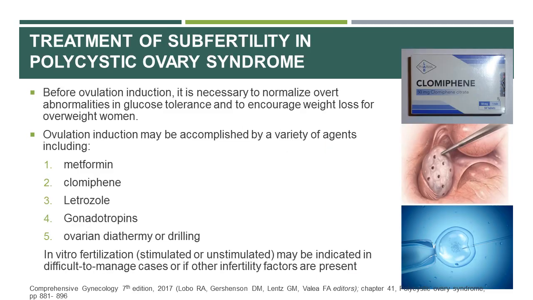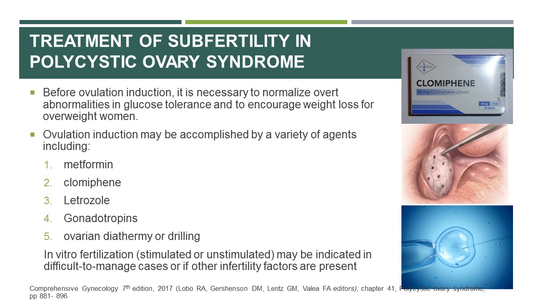Before ovulation induction, it is necessary to normalize overt abnormalities in glucose tolerance and to encourage weight loss for overweight women. Ovulation induction may be accomplished by a variety of agents such as metformin, clomiphene citrate, letrozole, gonadotropins, and pulsatile GnRH, as well as ovarian diathermy or drilling.